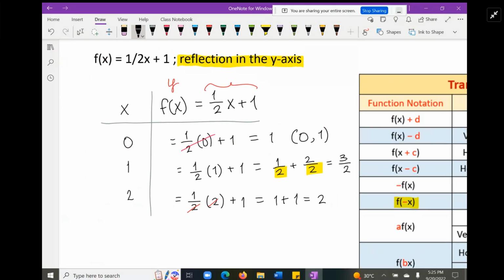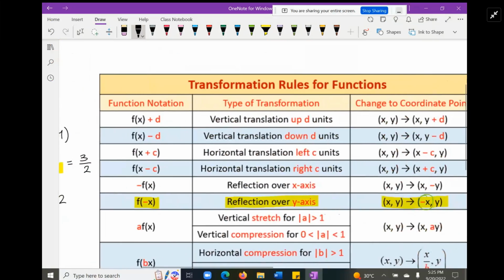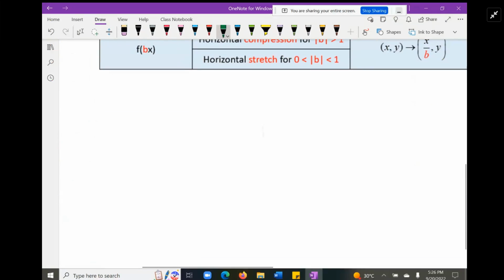Some of them, or rather specifically the x values, are going to have negative values. So again, when we look at the notation in terms of reflection over the y-axis, let me use a darker color here. If it's reflecting over the y-axis, this means that the x values are going to change or flip in their signs.